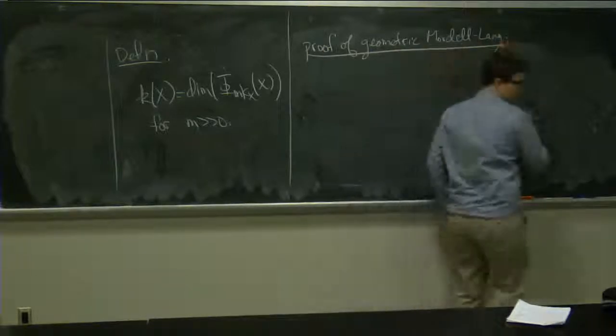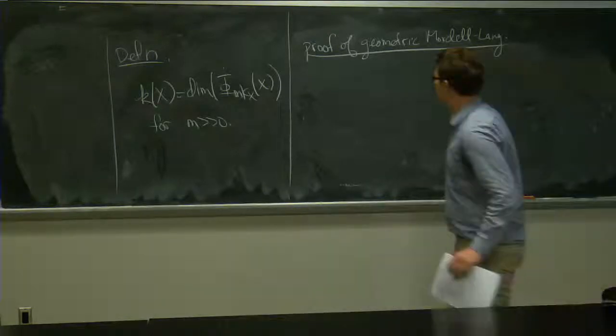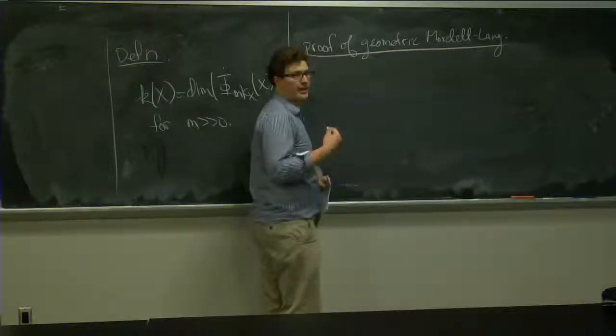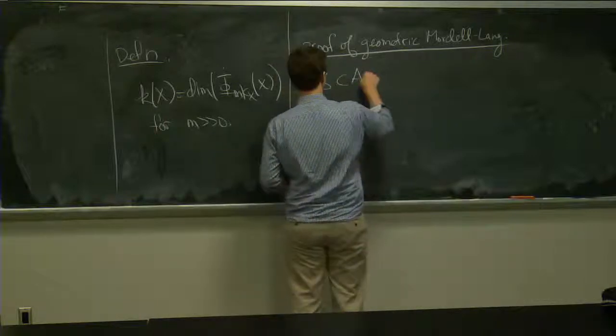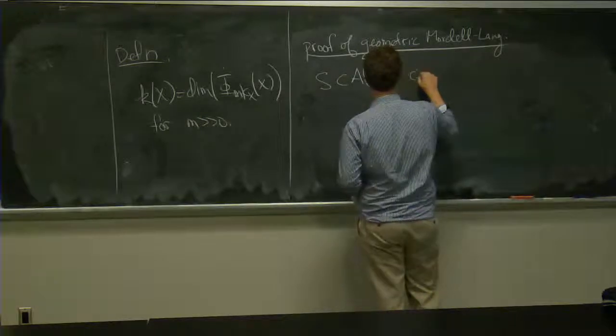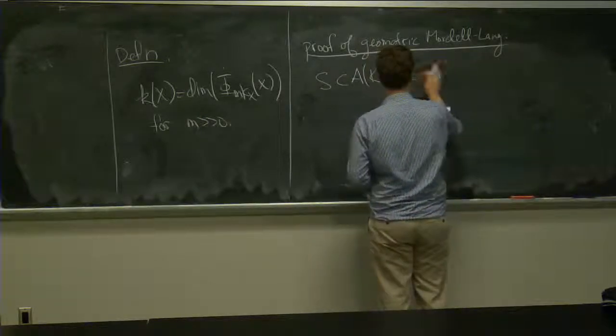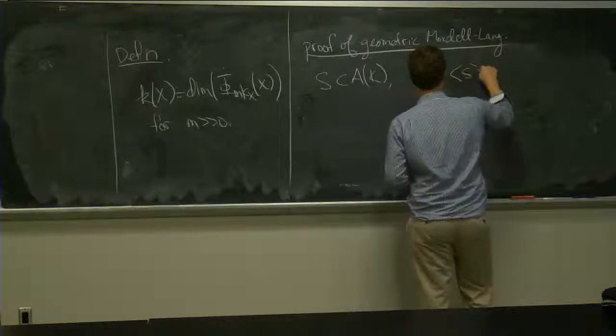Here's the proof of the geometric Mordell-Lang. So what we're going to do is we started with a set S, which is contained in a finitely generated group, such that this thing here is finite rank.